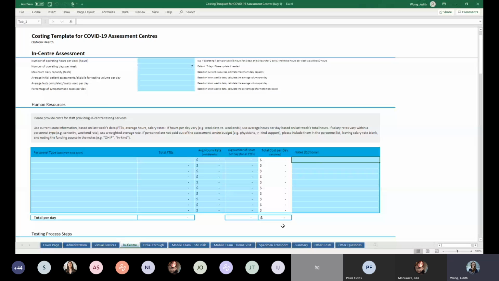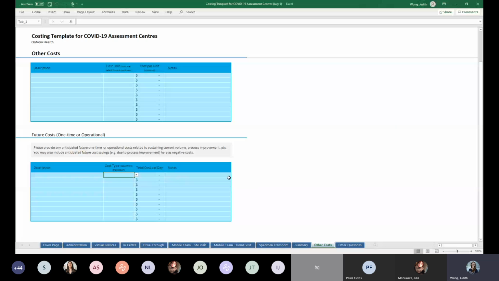But then I would also suggest that under future costs, you flag that this may change in the future and what the future cost could be, under this section of the template here, other costs, future costs.